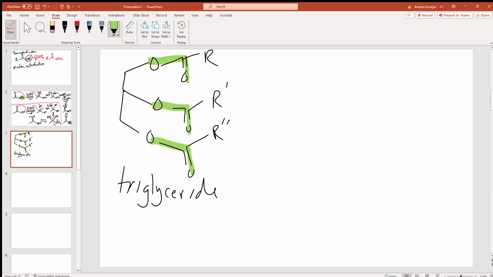Well, if we undo that process using something like methanol or ethanol or propanol, and we'll show it with propanol here.